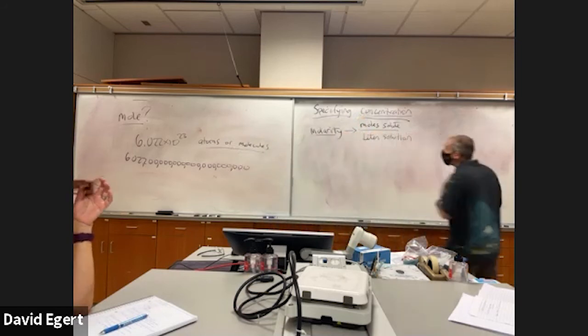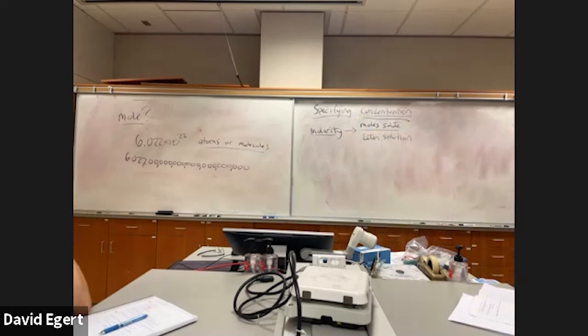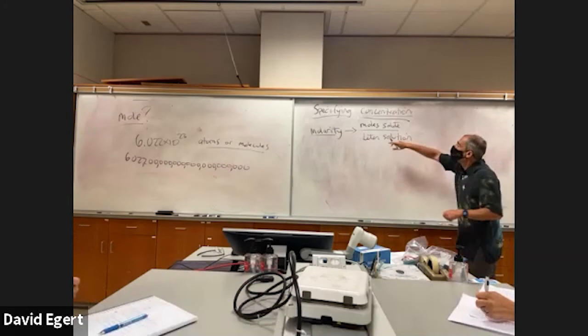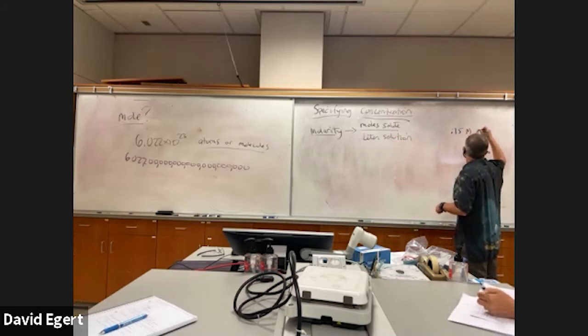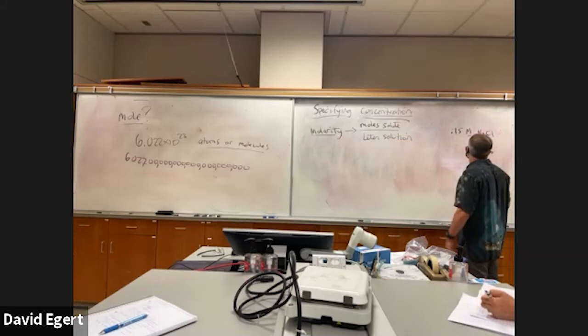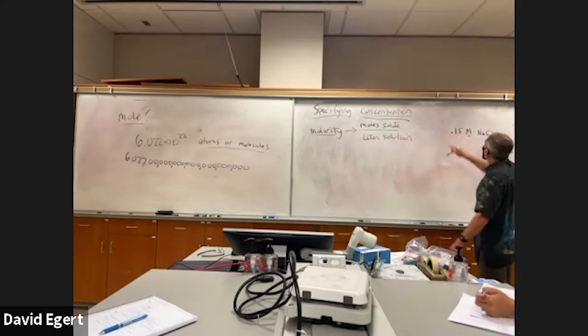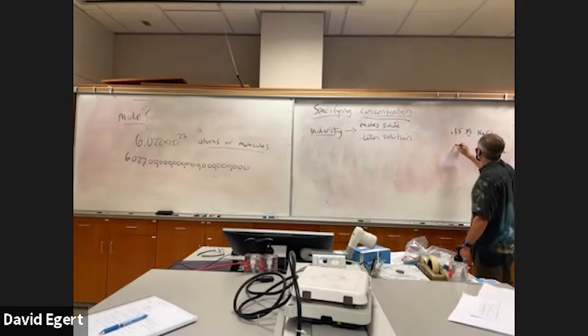We'll be using molarity a lot in the class, and often the molarity is going to be small. So if I have 0.15 molar NaCl, I might instead say 150 millimolar NaCl.